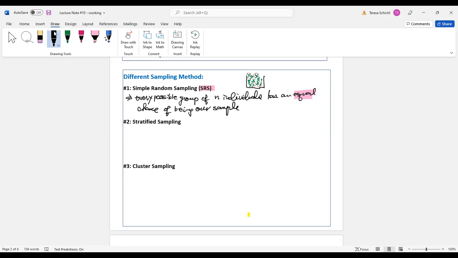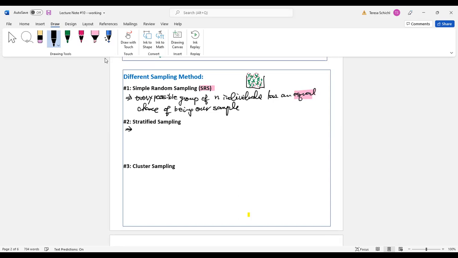Next, what is a stratified sample? For a stratified sample, you first divide your group into several subgroups.